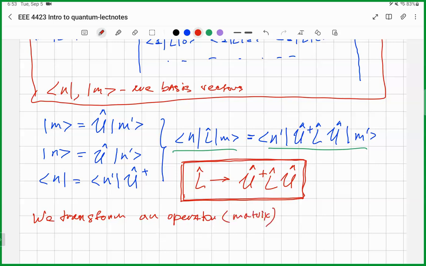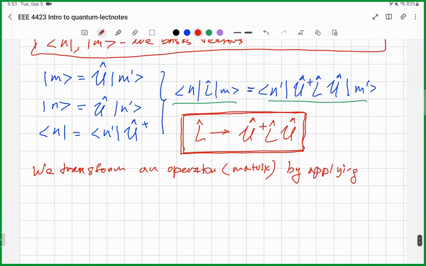The same holds for a matrix, by applying the operator from the left and right sides.